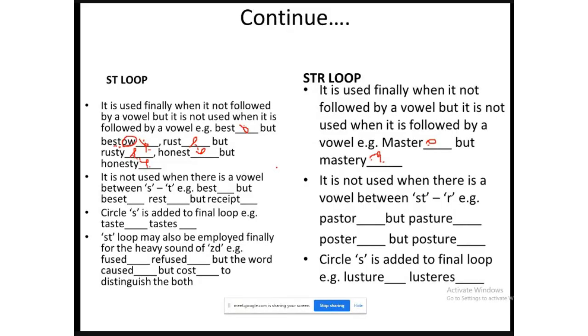But when there is a vowel in between S and T, then we have to use the stroke consonant. In case of best, we use the same example so that it becomes clear. But baset. Rest. But receipt, in which P is silent.